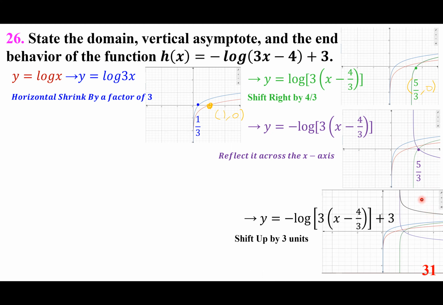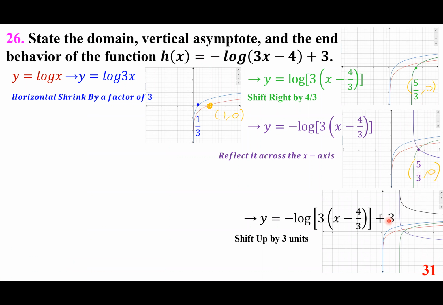So what happens is that this point, at the coordinates (5/3, 0), has gone up. Whatever this number is, it is added to the y coordinate.